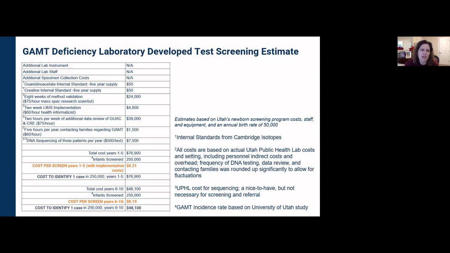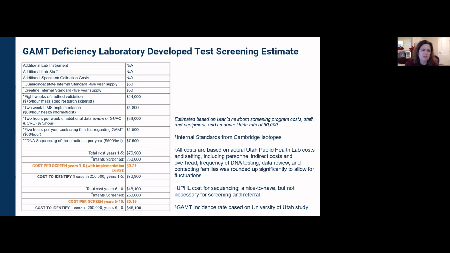We did not have to add additional staff or instruments because it is multiplexed with the existing immunoassay carnitine screening. There is not an additional specimen that needs to be collected for that reason. The internal standards are very, very affordable: $50 for 5 years supply of both.